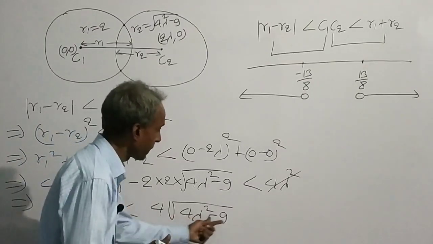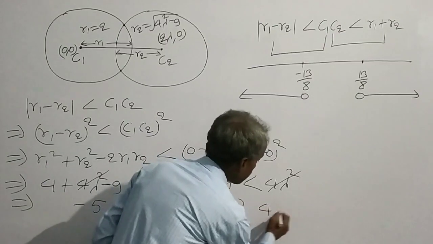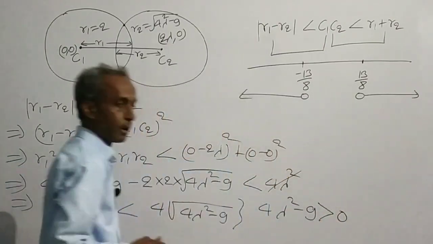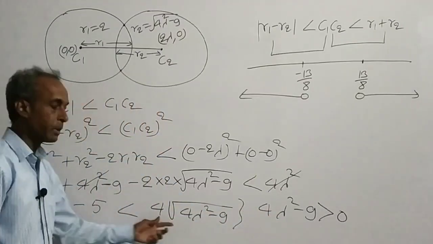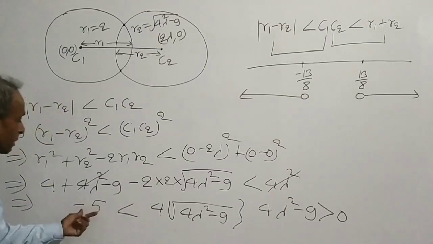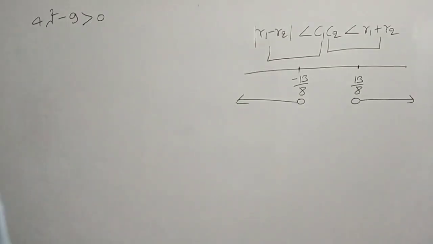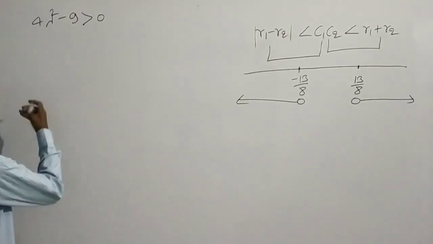When this is positive, the right hand side will be positive, and then the right hand side will be greater than this left hand side.